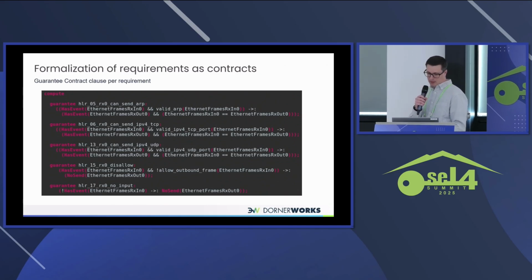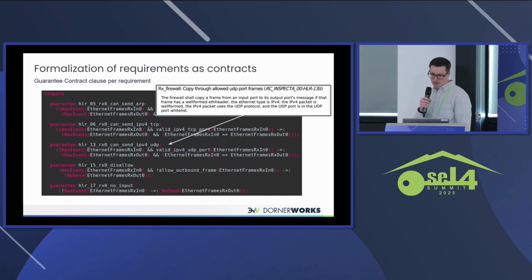And so as I started writing guarantee contract clauses, you can see in reference to whether data is available, and what that type of packet looks like, whether it's allowed out or not.